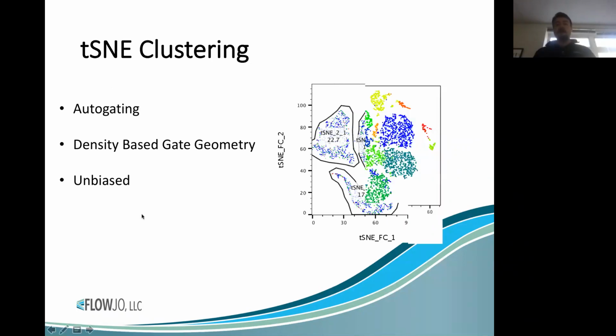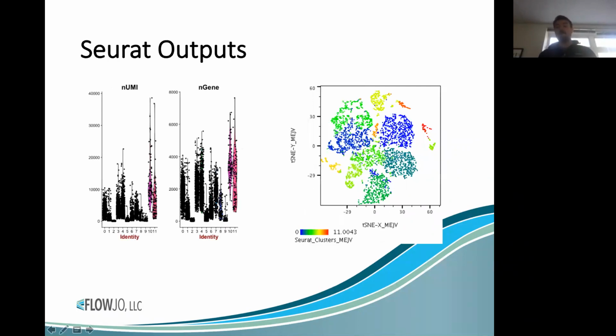If we wanted something a little bit more unbiased, we would want to use an algorithm such as k-means. In this case, I'm showing the output from a Seurat pipeline run on a particular data set. The Seurat pipeline is developed and maintained by the Satija Lab at NYU. It's a really popular and very powerful way to gain insights into a population of cells that have been single-cell RNA sequenced.